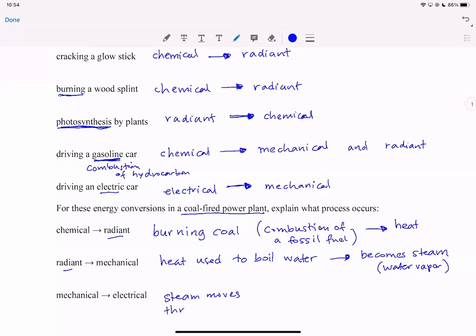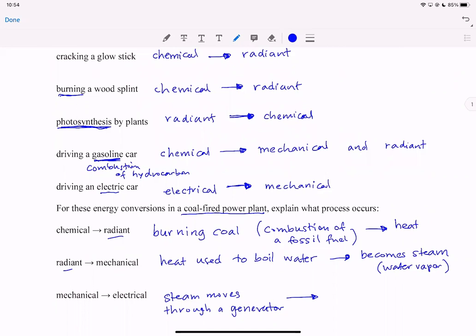Moves through a generator. And this generator basically is like a fan. Instead of the fan being plugged in and the fan blades moving because of electricity, what the steam does is it moves through the fan and it causes the blades to move. Okay, if you've ever done that, like if you've blown on a pinwheel, you can blow or generate movement by pushing a gas or air through some blades.